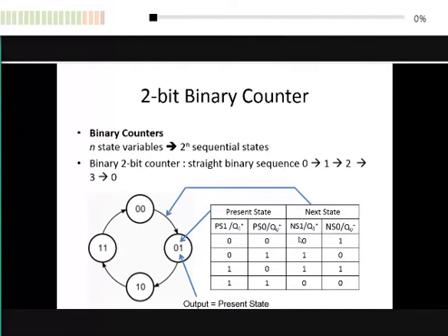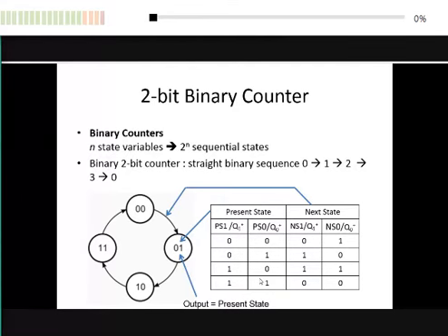Because of when input is 0 and when input is 1. In this example, there is no such thing because there is no input. You list down all the possible present states first. Don't worry about the next state yet. Once you complete everything until 1 1, then you have to think, what are the next states?